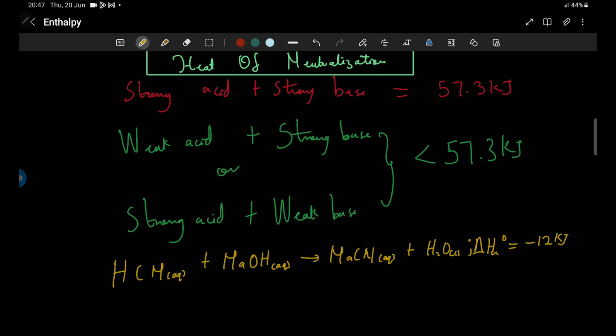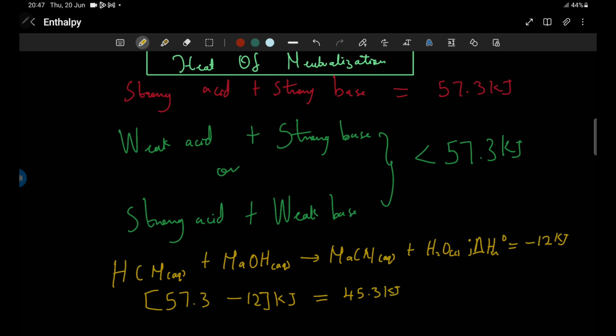If it were to be strong versus strong, that would be 57.3. So we can say that 57.3 minus 12, which was produced here, will be 45.3 kilojoules.